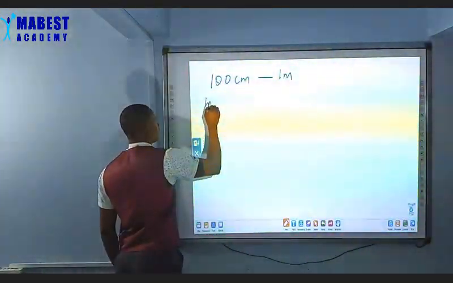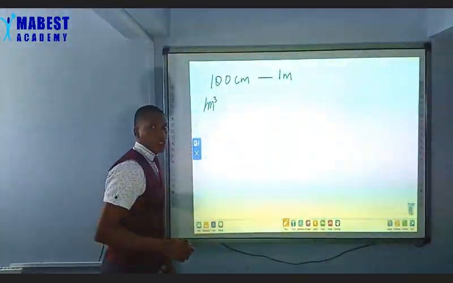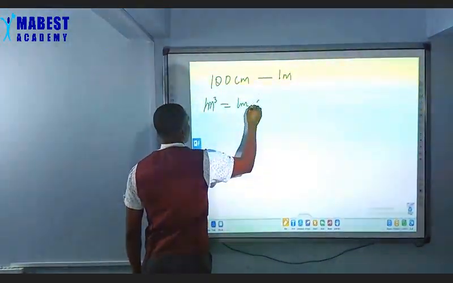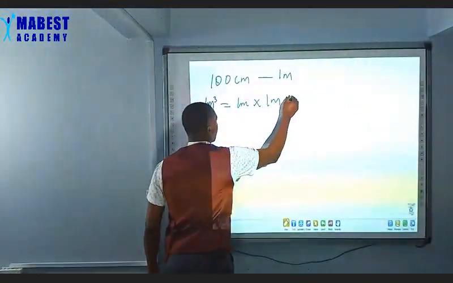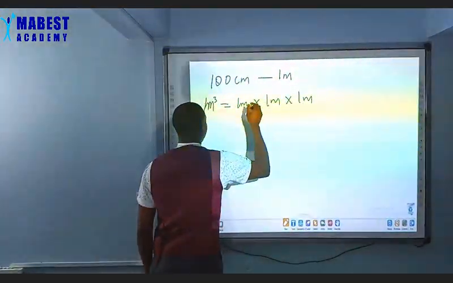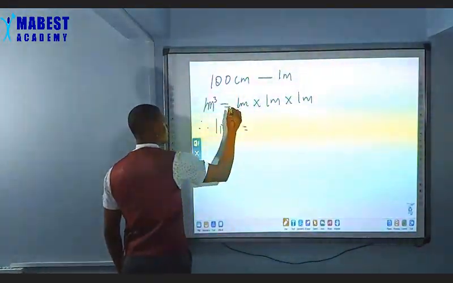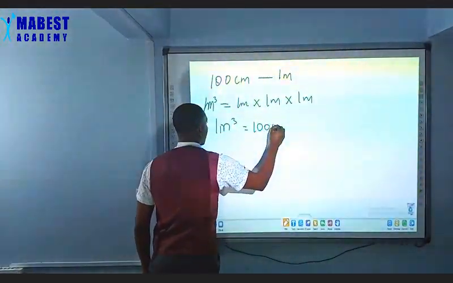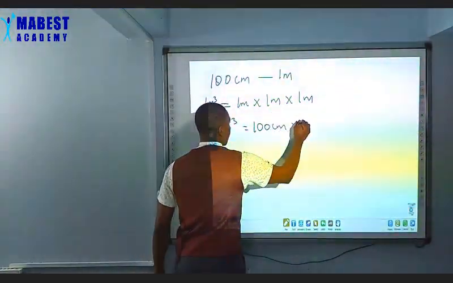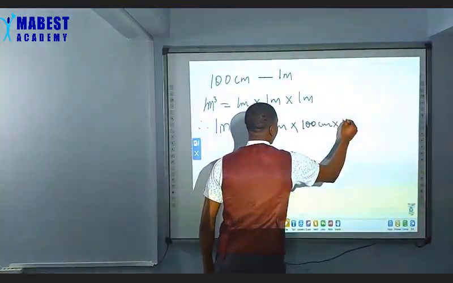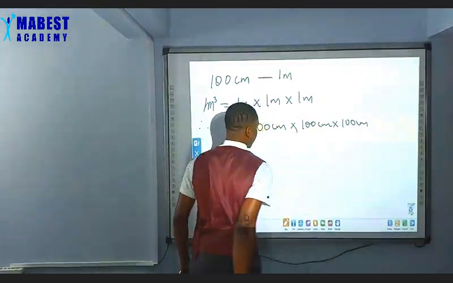So 1 meter cube equals 1 meter multiplied by 1 meter multiplied by 1 meter, which is 100 centimeter multiplied by 100 centimeter multiplied by another 100 centimeter.